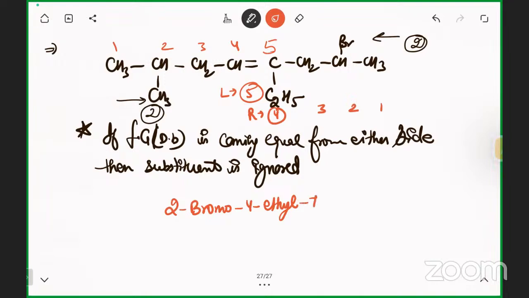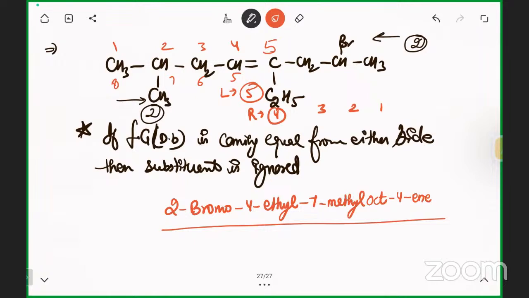Then on the seventh position, see, 4, 5, 6, 7, and 8, on the seventh position we have methyl, and since we have 8 carbons, it is oct, and on the fourth position we have a double bond, so we will write ene. 2-bromo-4-ethyl-7-methyloct-4-ene. Clear? Yes, sir.